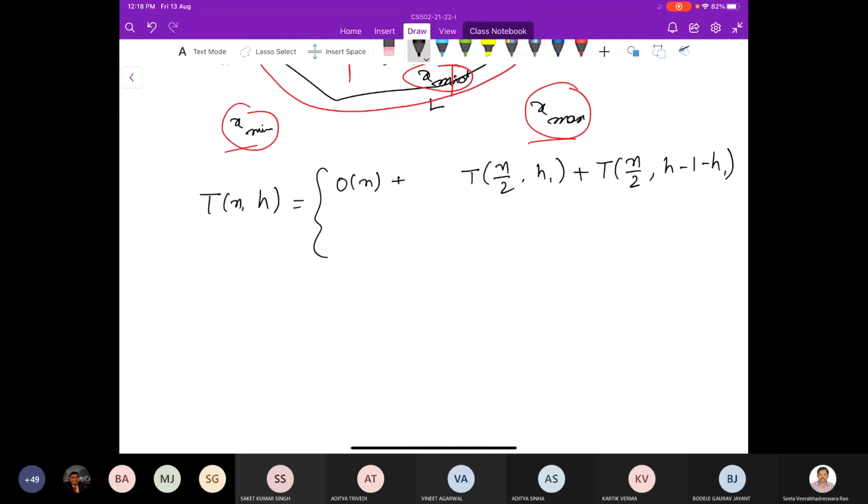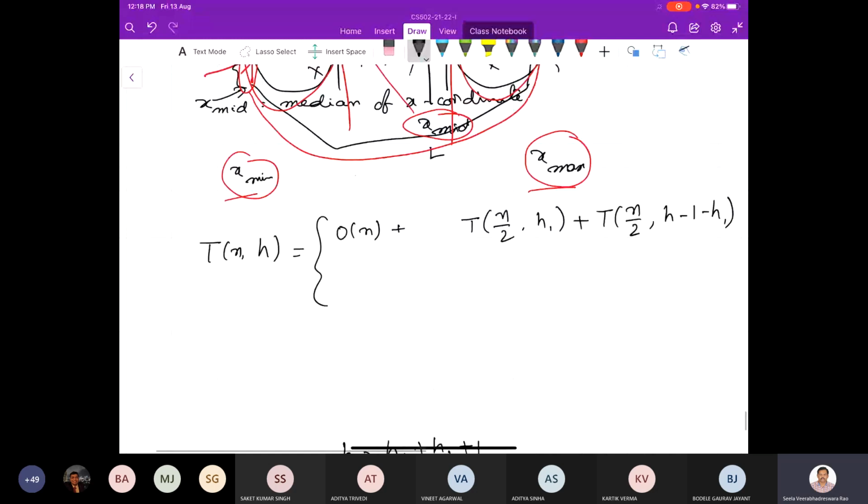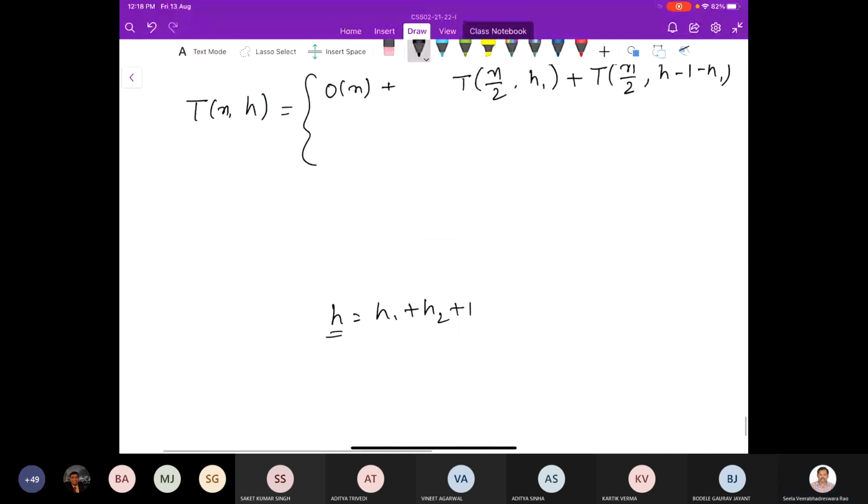So here h is equal to h1 plus h2 plus 1. Here h is the number of edges, you are taking the number of edges here. So this is one upper edge. If you remove this one edge, whatever is left over is h minus 1 edges. So that is together h1 plus h2. Is that clear?